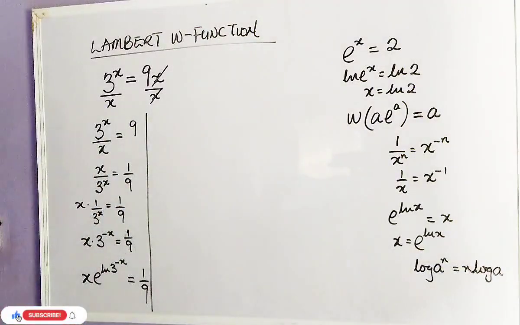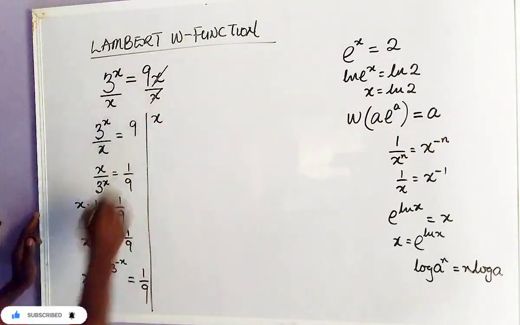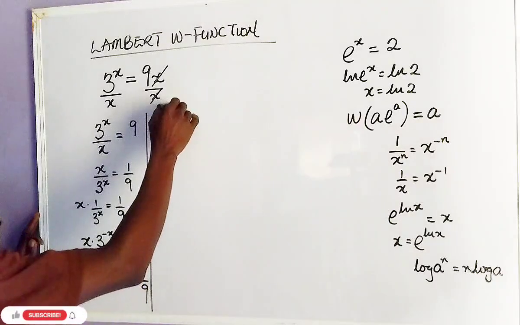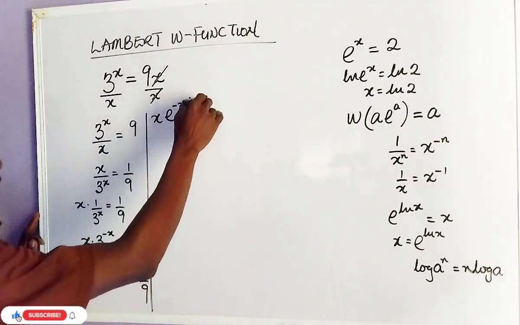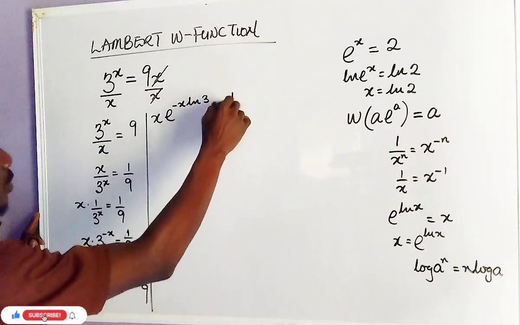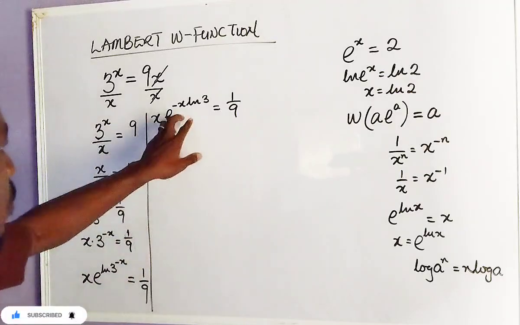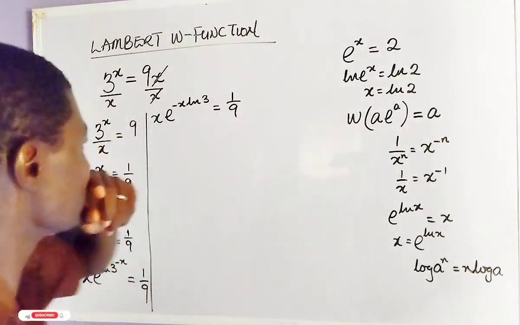Now if you apply this rule to this particular power here, we get x, then e to the minus x ln 3, then equals 1 over 9.